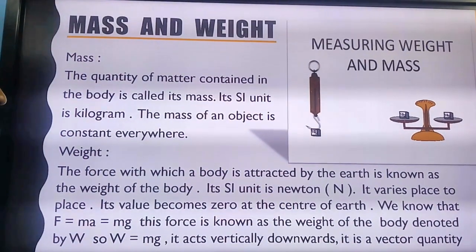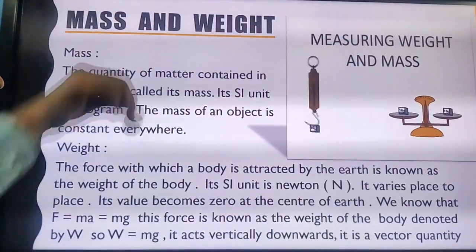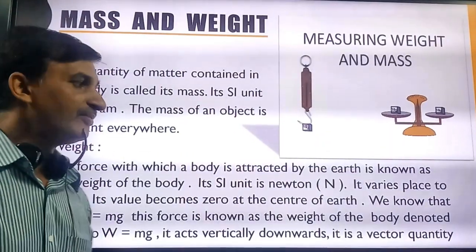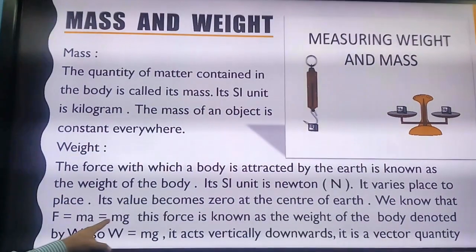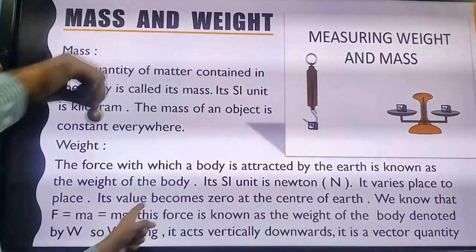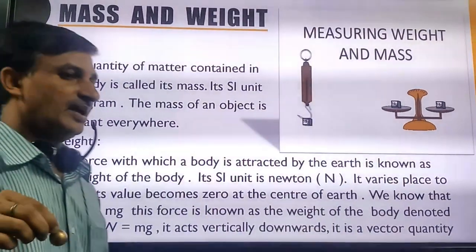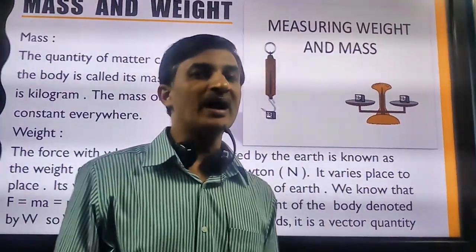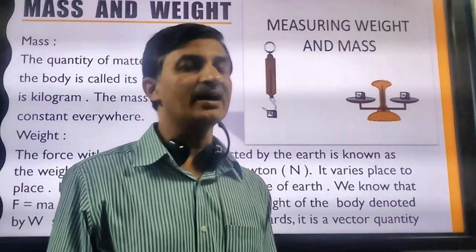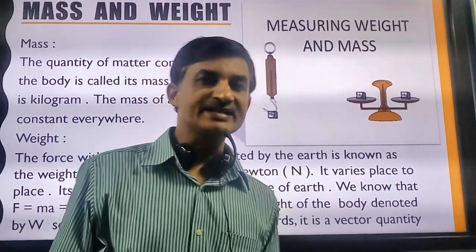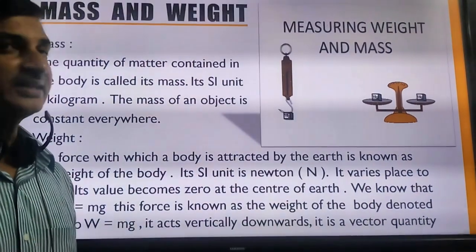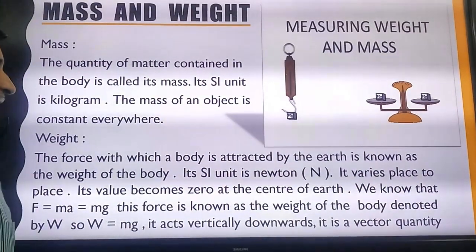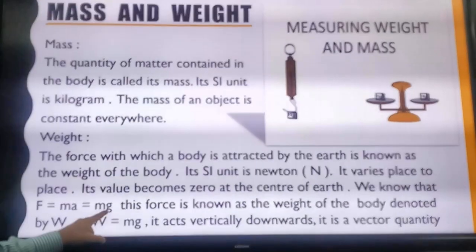Weight is a quantity which depends on the mass of a body along with gravitational acceleration. The formula of weight is mg. m is the mass and g is gravitational acceleration. We know that gravitational acceleration depends on the mass of the astronomical body like earth and the radius of the astronomical body like our earth. That's why gravitational acceleration varies, and weight depends on the gravitational acceleration.